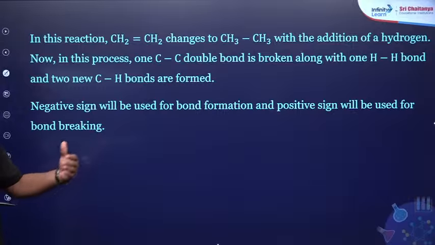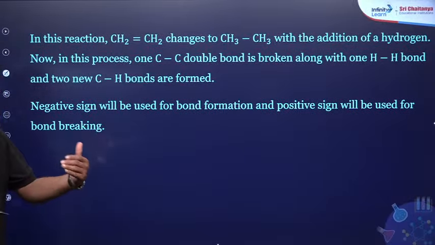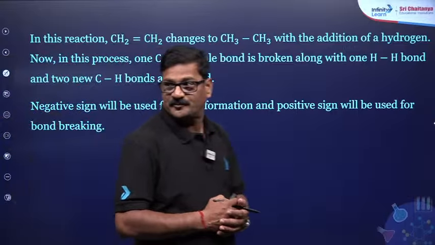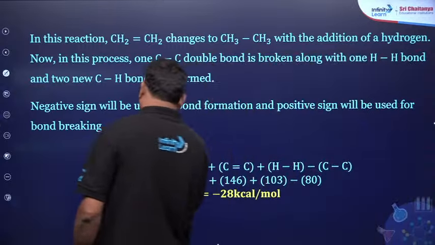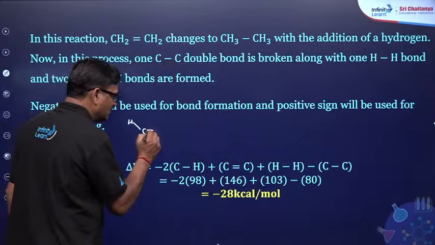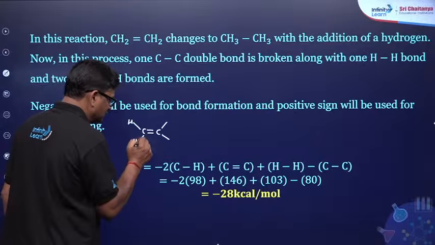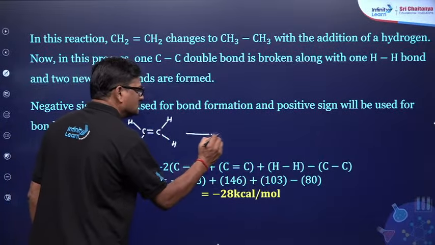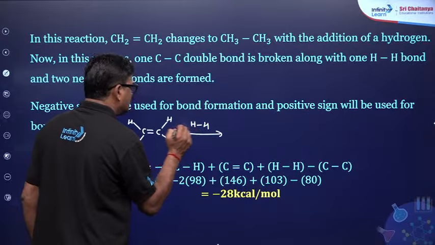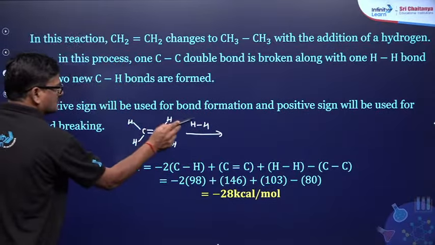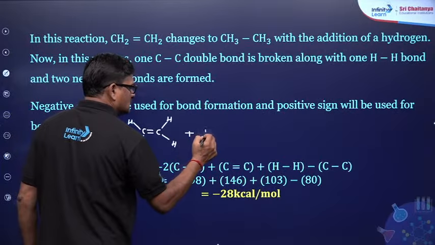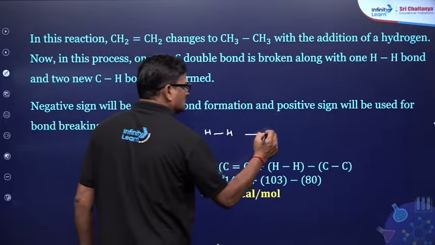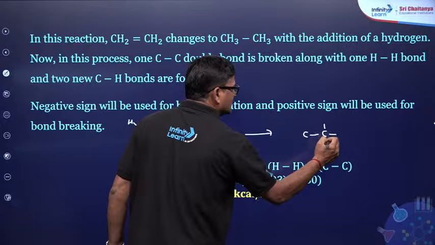So that negative sign will be used for the bond formation and positive sign will be used for the bond breaking. And so delta H is going to be calculated based on that. You can say hydrogen, carbon, so hydrogen to hydrogen, and you need to get a new compound like this.